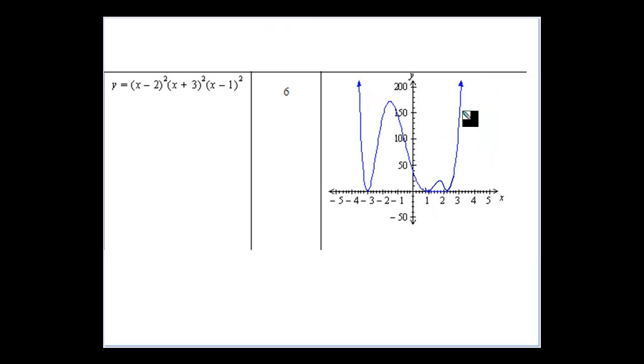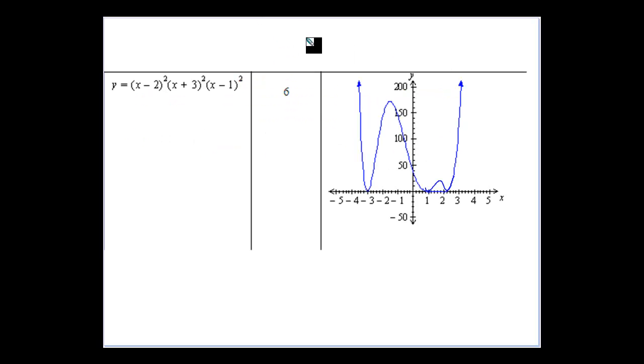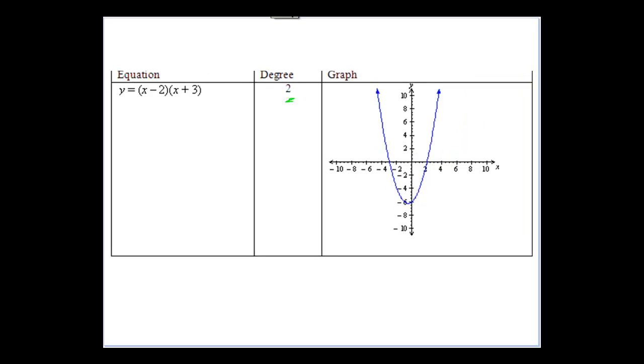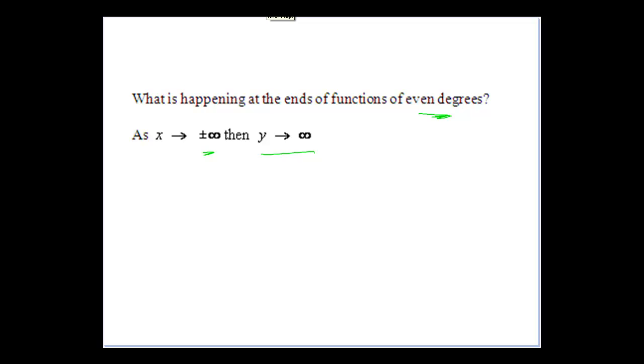Now hopefully we can start to make some insights about these: the ends of the functions, when they have even degrees, will always approach positive infinity. It doesn't matter whether it's x approaching positive or negative infinity, the ends of the functions will approach positive infinity, so they'll go up all the time. That happens on all functions with even degrees.